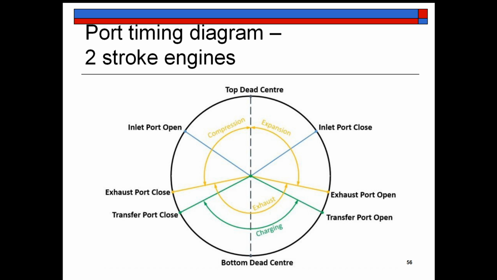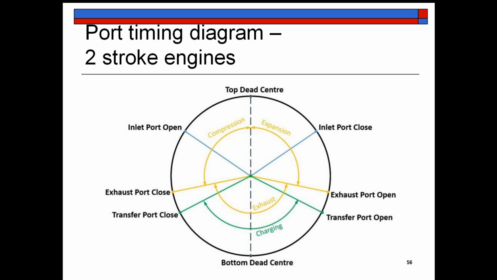Now between this port timing and valve timing diagrams, the valve timing diagram is very important, because usually we plot valve timing diagram, and that is very important to understand the operation of valves and how much charge may escape out during the valve overlap period. So our aim will be to minimize the valve overlap period and to understand at what angle of crank the valve is opened and closed, and what position the ignition is started.